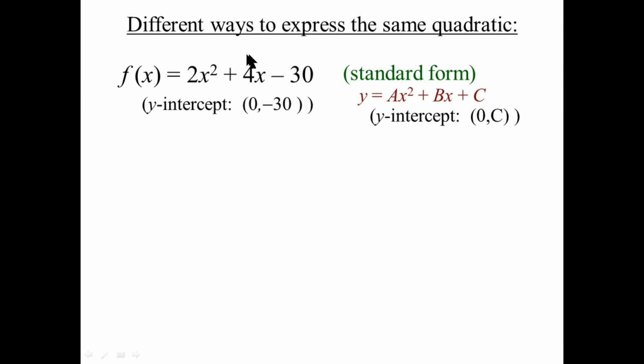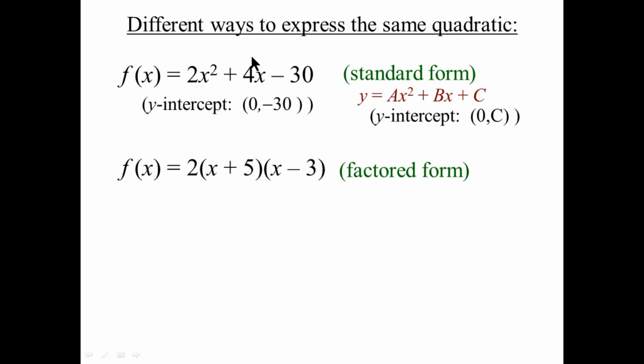Now, if we were to take this very quadratic and factor it, we'd have this form. It's called factored form because it's been factored. In general, we could call it a number times x minus r times x minus s, where the x-intercepts are now displayed in the factored form. The x-intercepts are this r and this s number that are in brackets with the x.